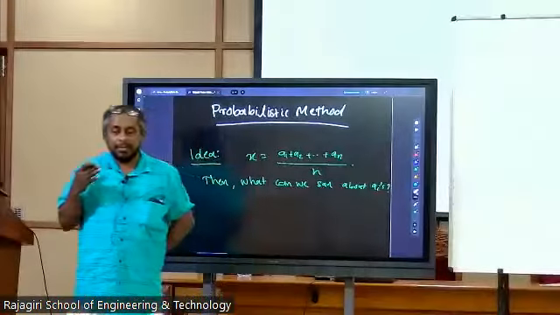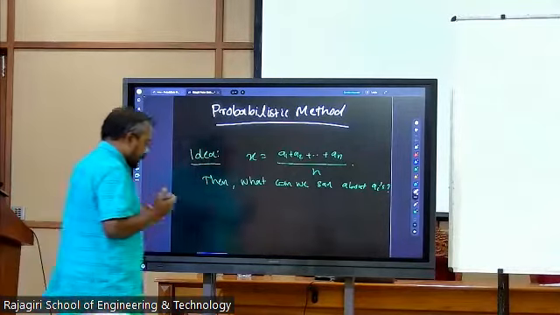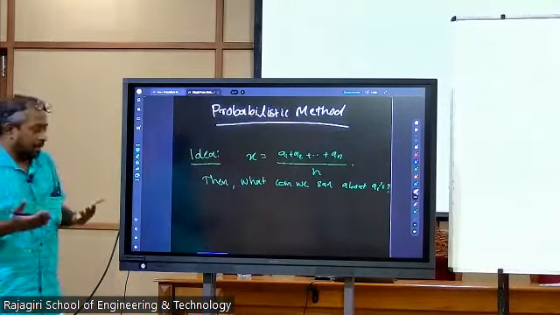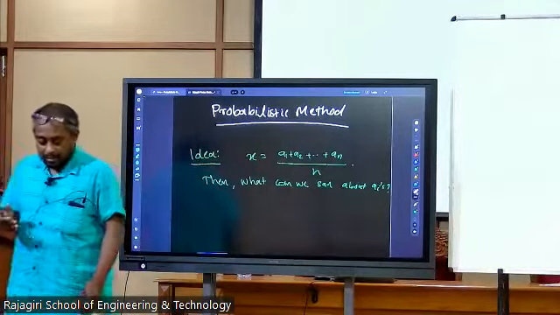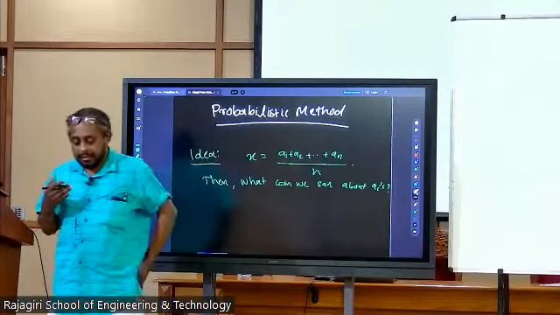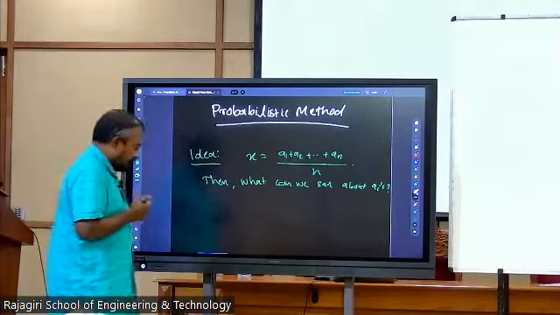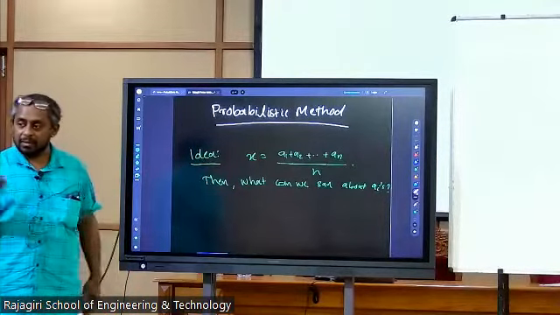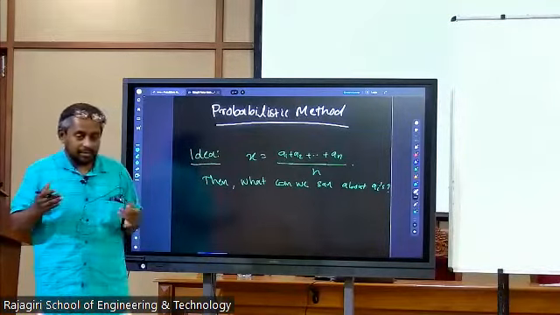The idea behind the probabilistic method is that we want to show the existence of certain combinatorial structures, but we don't know how to construct them or how to even verify whether it is there by direct verification. So in such situations, Erdős suggested that we can actually show the existence using the help of probability. The idea behind this is very simple.